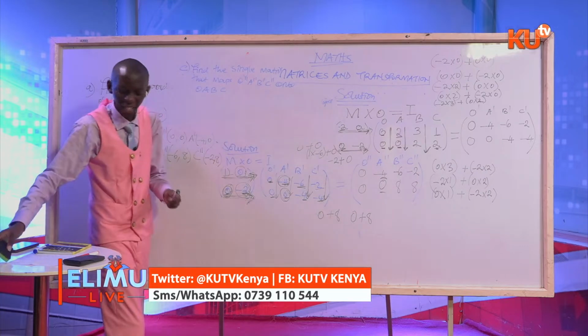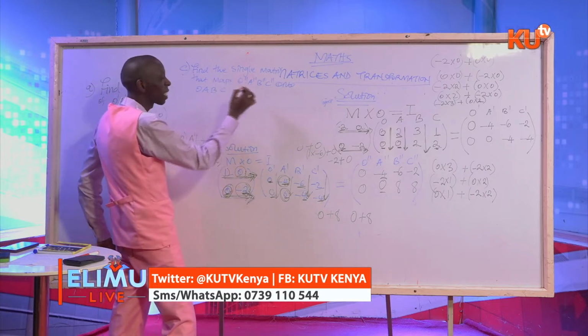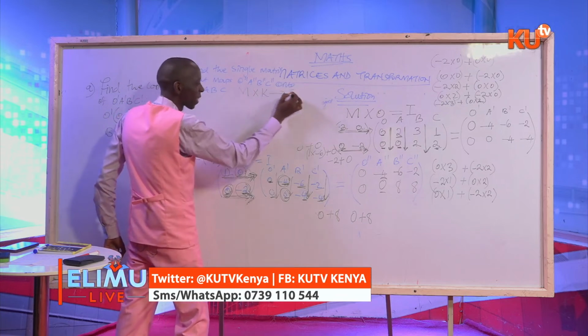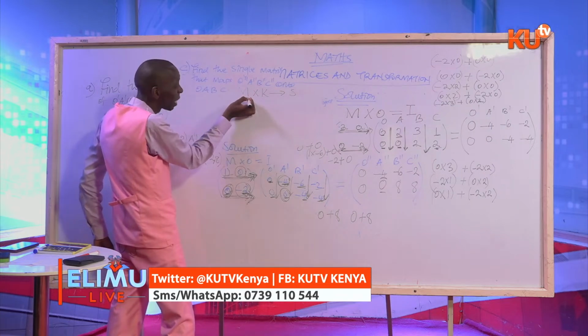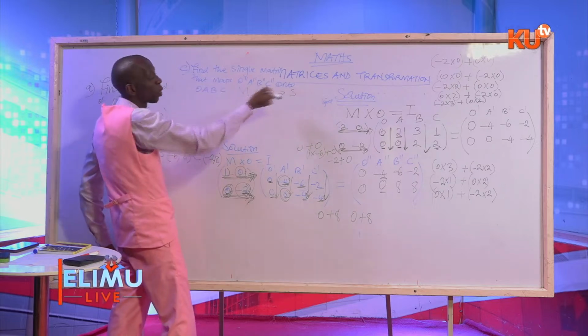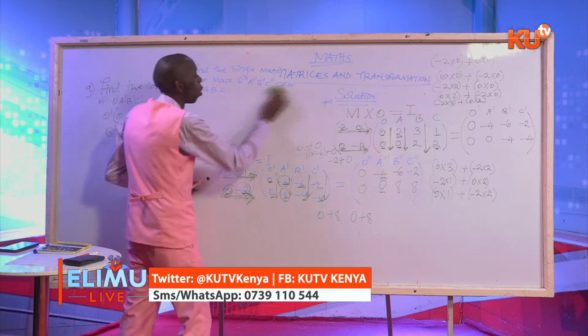We have said, if you are told a matrix that maps K onto S, it means the matrix and K will be on the same side and S will be on the other side. Therefore, this is how we do it.